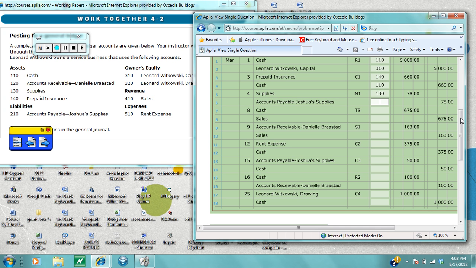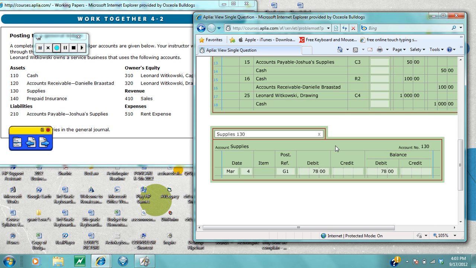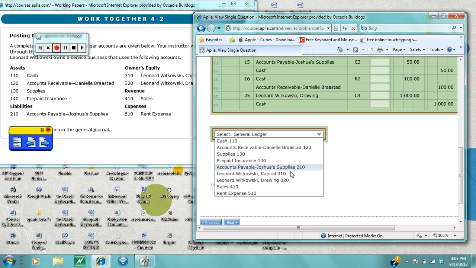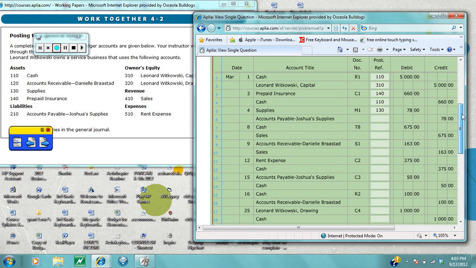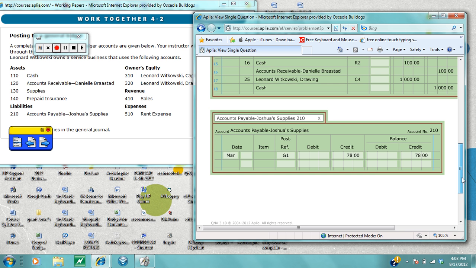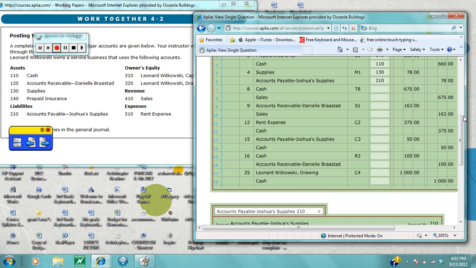Accounts payable, Joshua, 78. I can't remember the date. I'll go back and get it. The 4th. Okay, so this 78, here's your 210 that I put in there, just so you know.